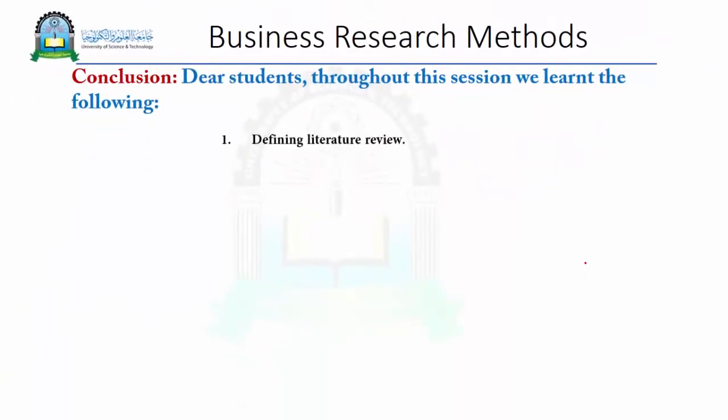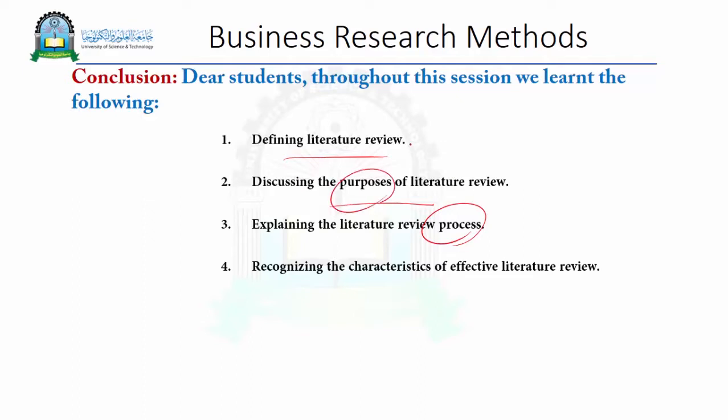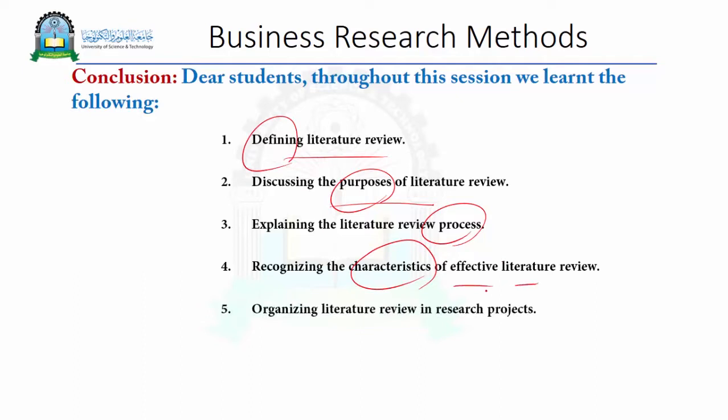So, dear students, through this session we learned many things: defining the literature review, discussing the purpose of the literature review, the process of the literature review, the characteristics of an effective literature review, and also the organization of the literature review.